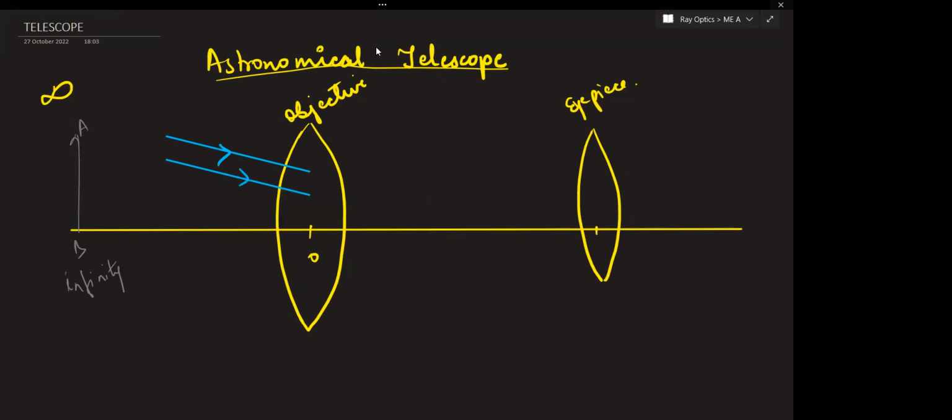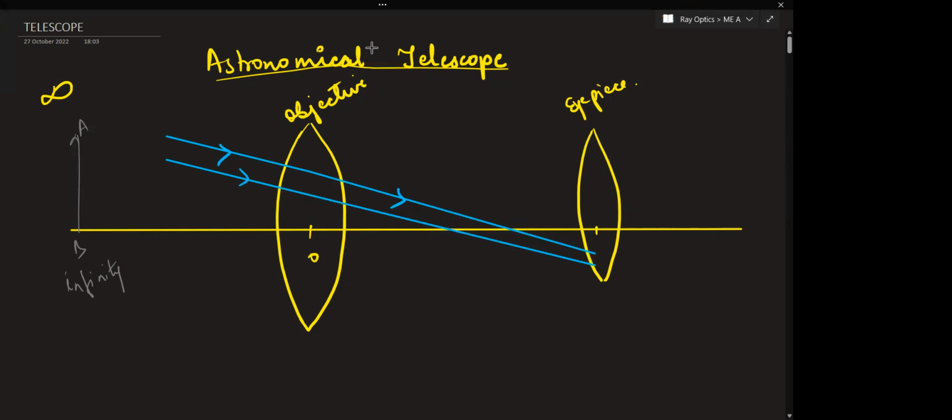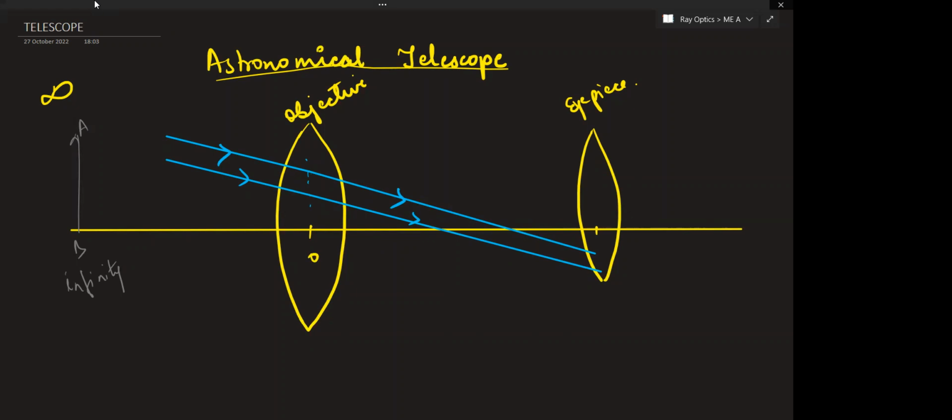And because of the convex lens, it will get refracted. This will get refracted here. This will also get refracted. Both the rays here will be refracted. I think it is not visible here. When you draw, please make sure that this part looks like it has been refracted. Now what will happen?